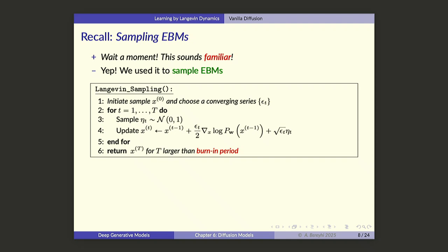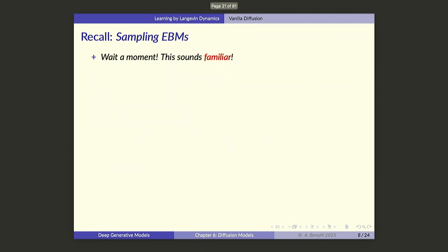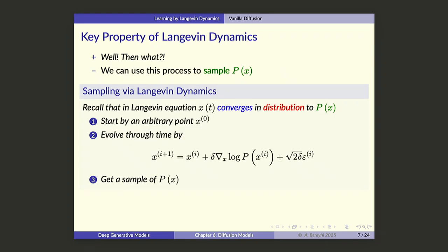This eta here is zero mean, unit variance Gaussian. And then you have a square root of epsilon_t, right? You only need to write down 2 times delta to be epsilon_t. Then this guy is exactly this guy, right? If you just call 2 delta here the epsilon_t, then this is going to end up with the same Langevin sampling algorithm that we had.